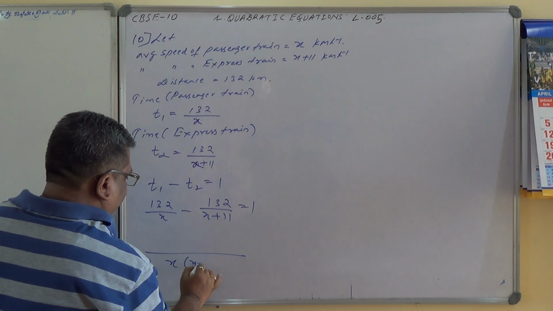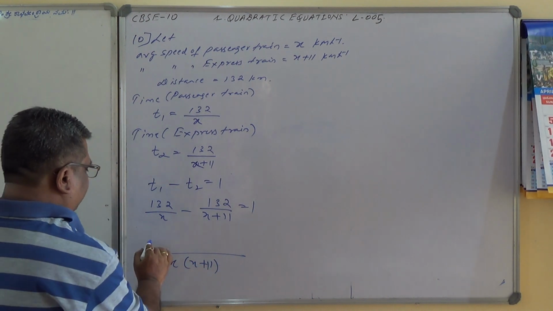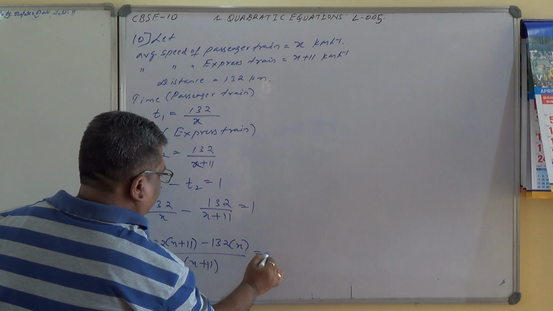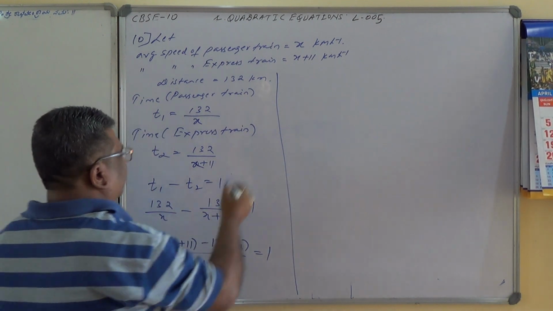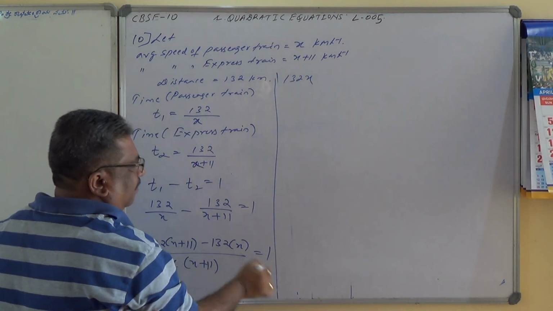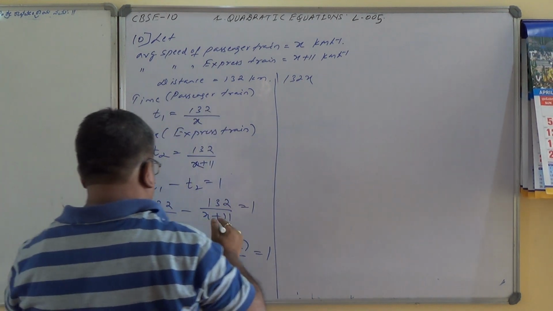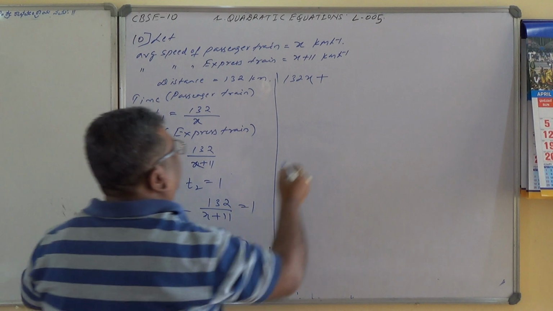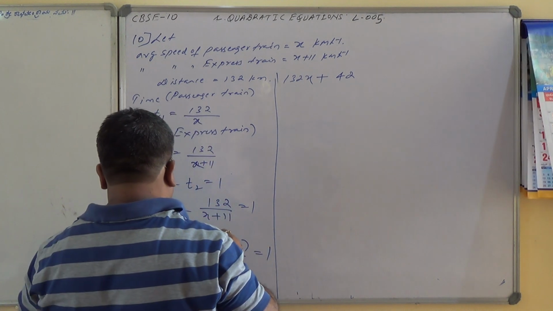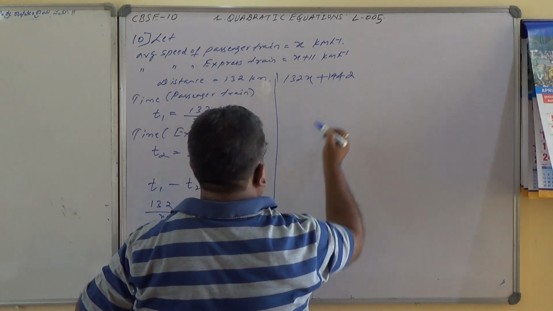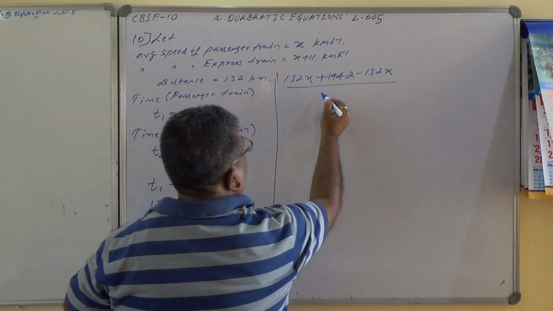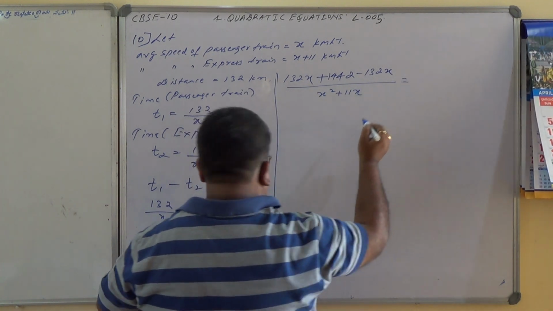Taking the LCM and solving this, we get 132x plus 1442 minus 132x, the whole divided by x square plus 11x, equals 1.